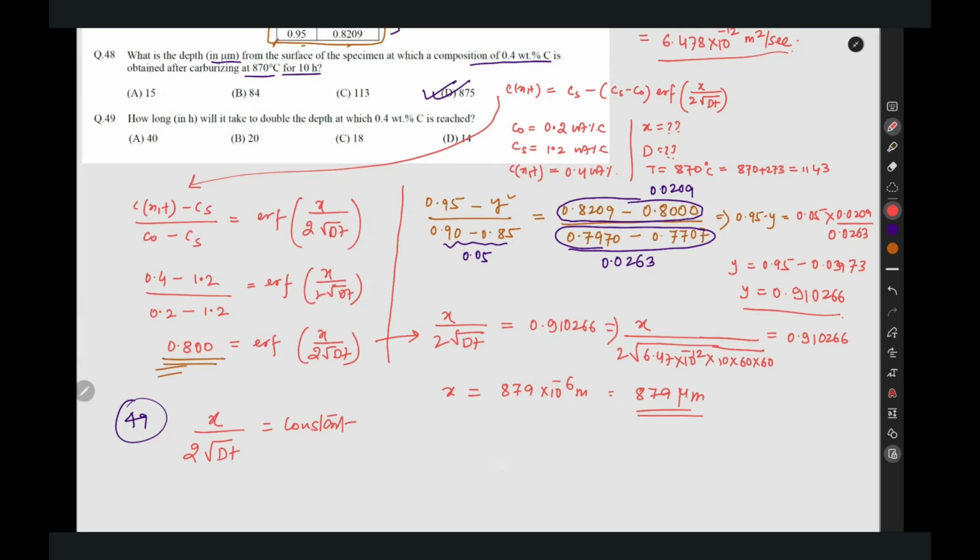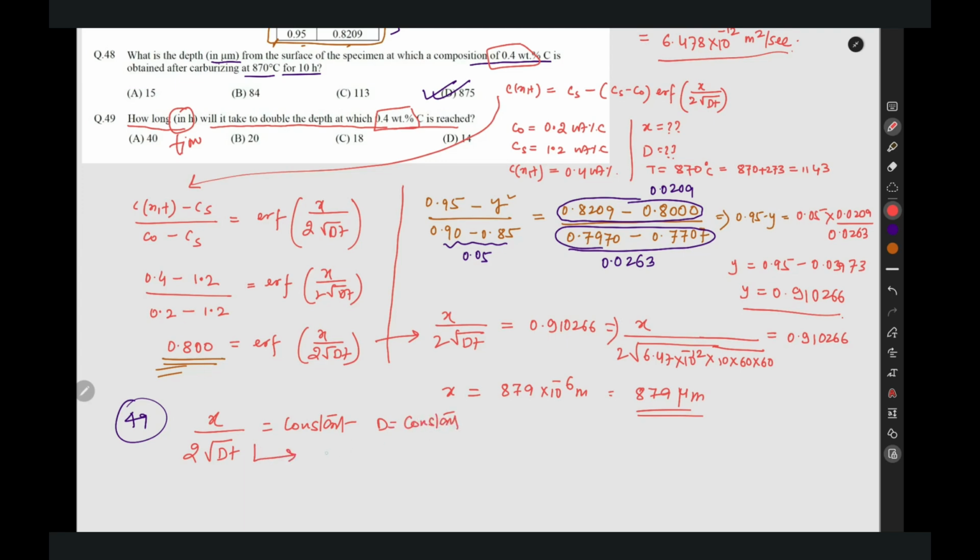From the question we can see that it asks how long in hours, so we have to find the time, will it take to double the depth at which 0.4 weight % carbon is reached. So depth is doubled and we can notice the weight % carbon is same as in the previous case and temperature is also not changing, so D will remain constant.